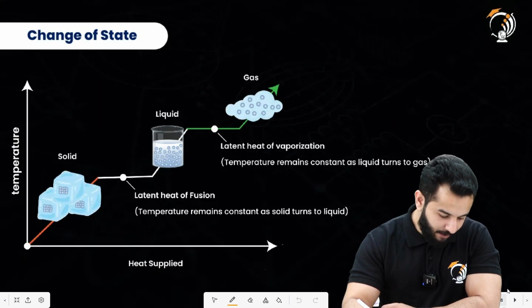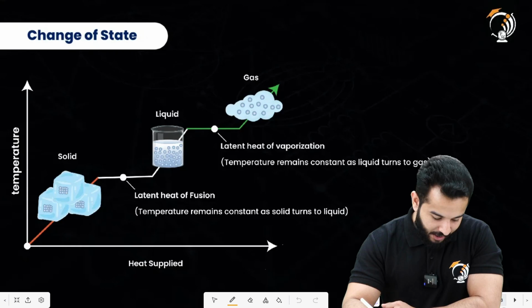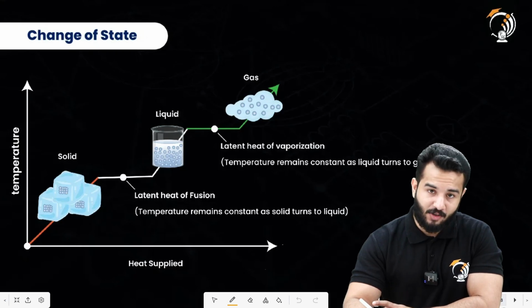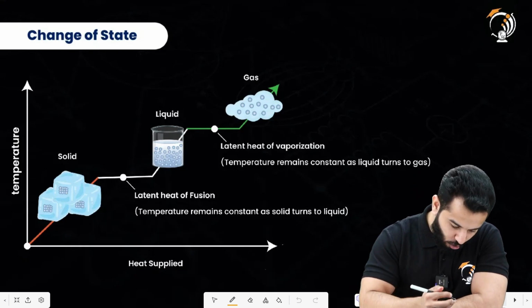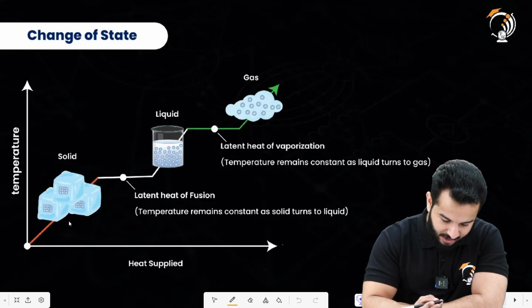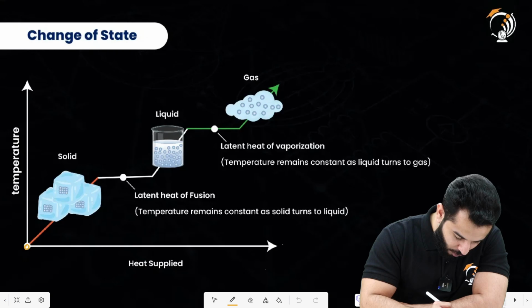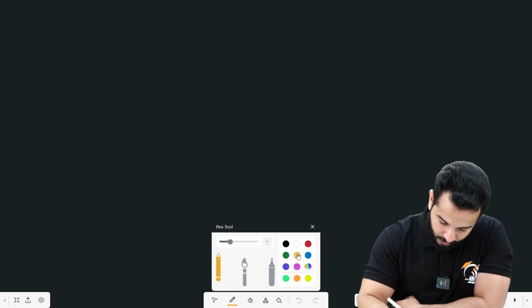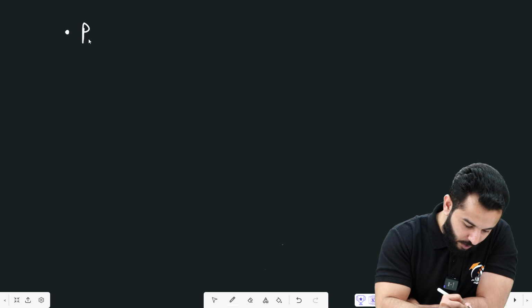In change of state, this is now something very important, and in the last class we actually talked about it. If you have a solid material, let's just consider it as ice, and you increase the temperature, the particles will move apart.